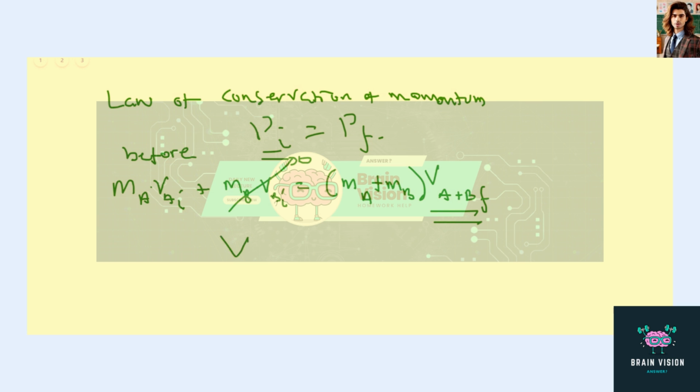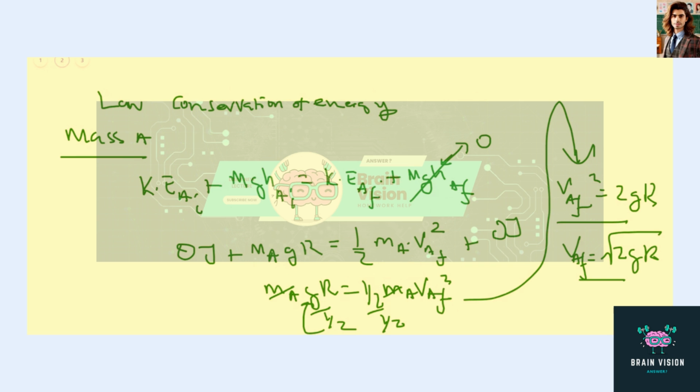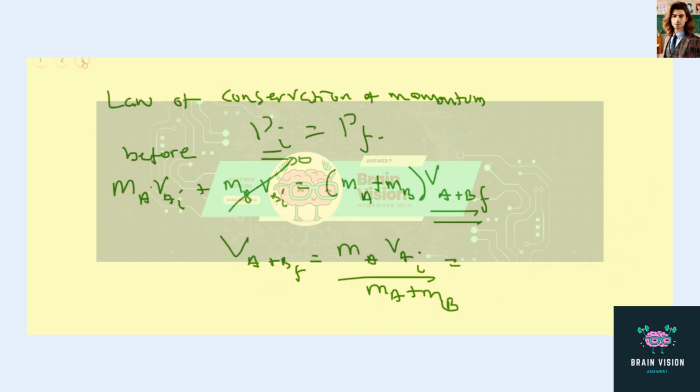So V of A plus B final equals the mass of A times the velocity of A, all over the mass of A plus the mass of B. And remember, when we were on the other page, we were able to solve the final velocity of A. A is coming down, so this actually is A final.